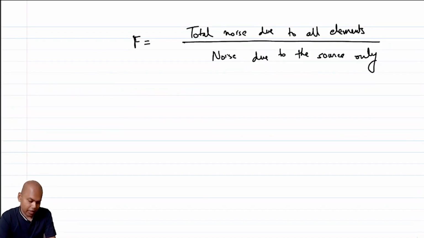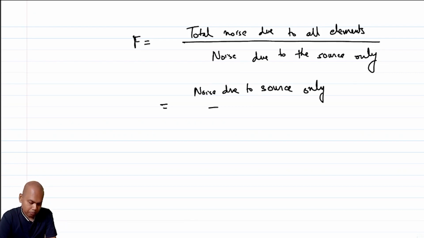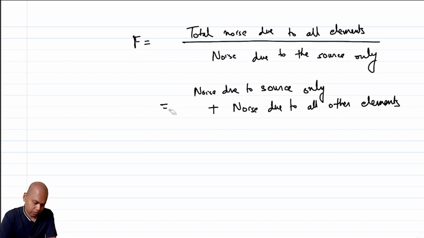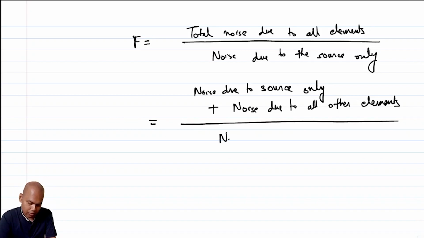So I can write the numerator as noise due to source only plus noise due to all other elements, divided by noise due to source only.